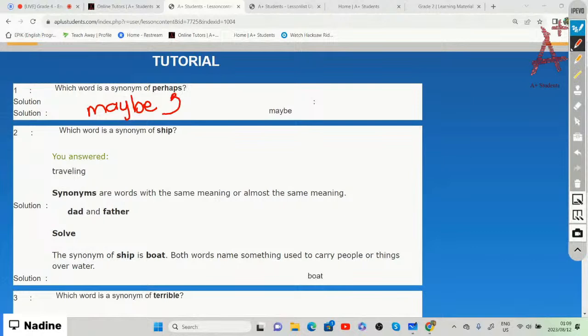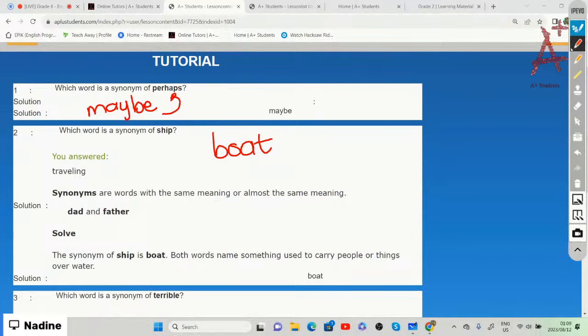Which word is similar to ship? So a word that is the synonym of ship, or the same as or almost the same as ship, we can say it is a boat. So the boat is almost the same in meaning as a ship.